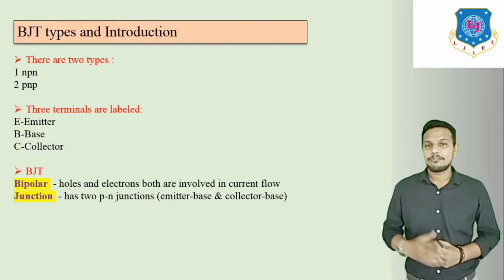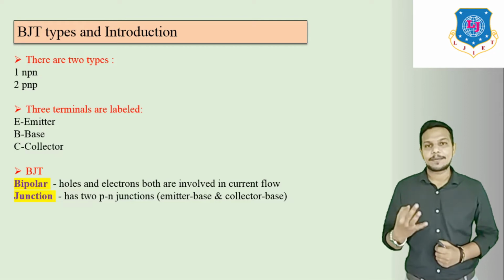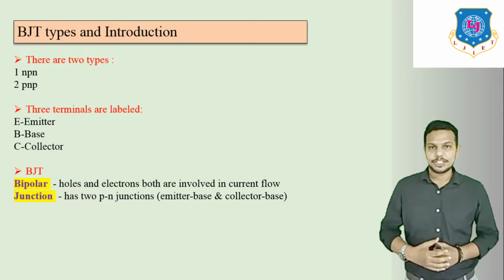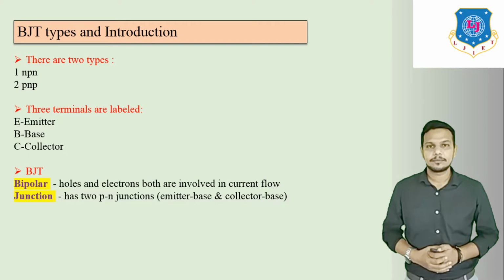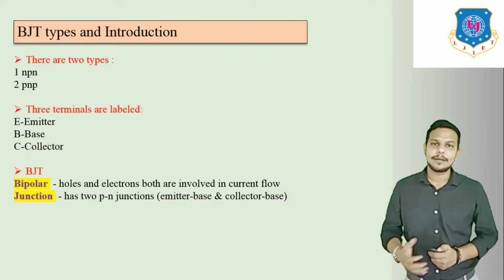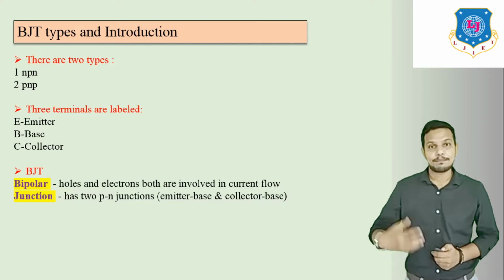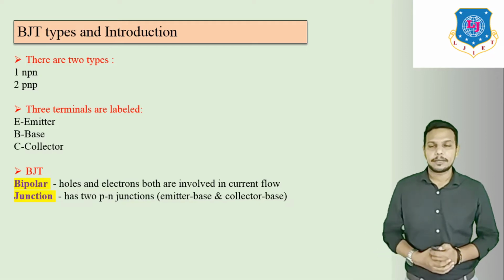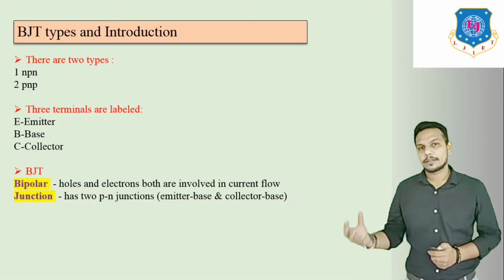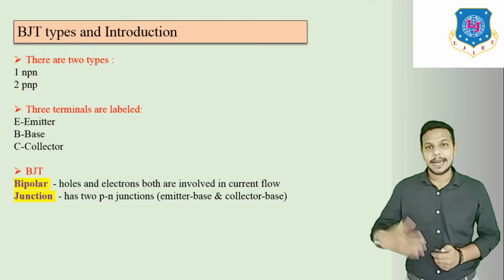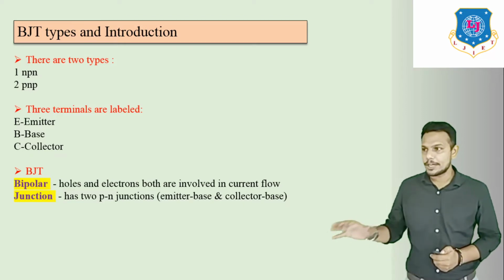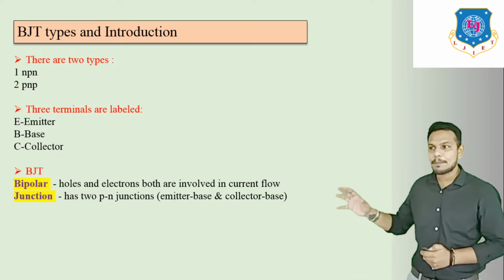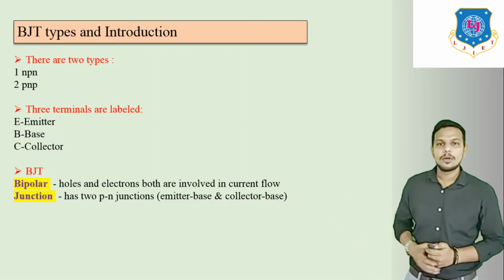And due to this, we have to connect three different terminals, called emitter, collector and base. The base is the center terminal, and the collector and emitter are the end terminals. Now here we can see BJT, that means bipolar junction transistor.